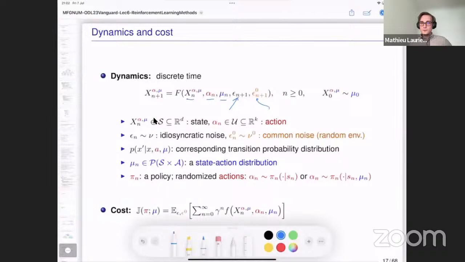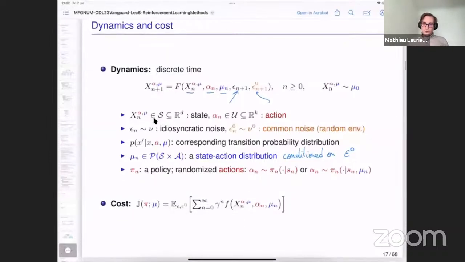And as a consequence, mu n is the conditional state action distribution, conditioned on the realization of epsilon 0. You can think of some aggregate shock, which is shifting the whole population. So if you want to know the state of the population at the current time, basically you need to know the history of past shocks.